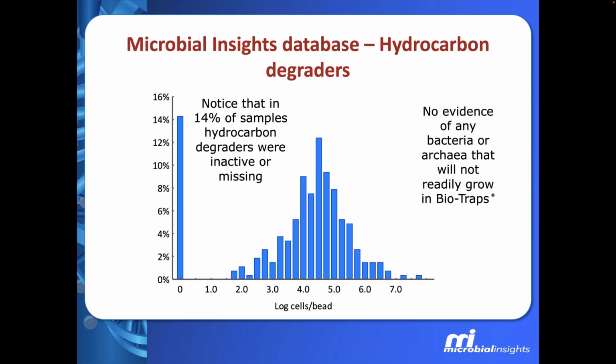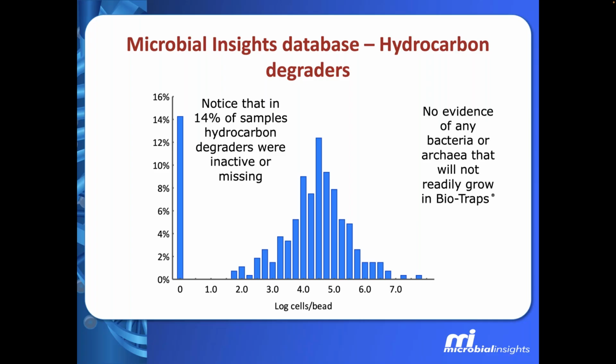Similar results here for a hydrocarbon impacted site. As you can see, a wide distribution in the MI database, but obviously hydrocarbon degraders have no problems at all getting on the inside and actively growing and reproducing in the Bio-Sep beads.